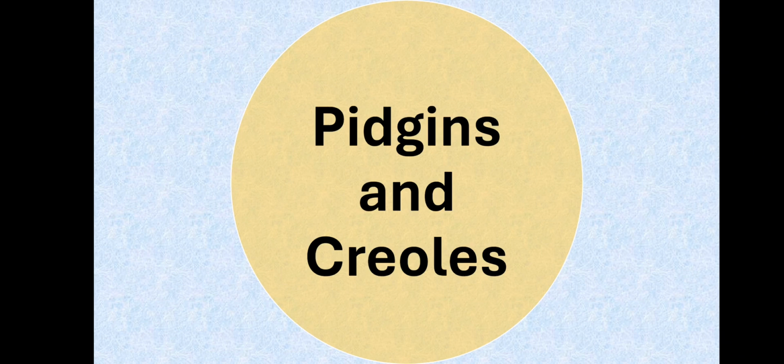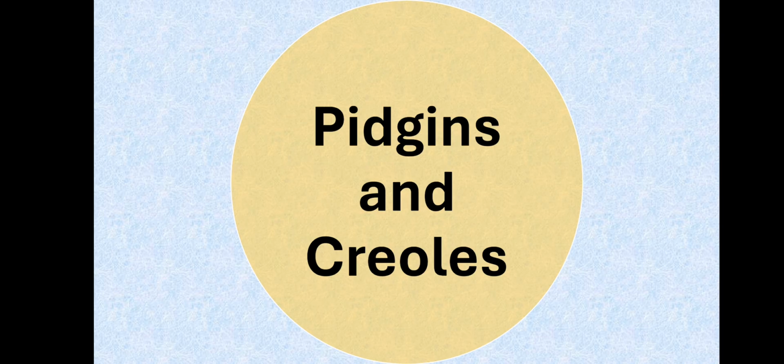Hello everyone. Today we'll discuss two more important concepts in the field of sociolinguistics, and that is pidgins and Creoles. So in this lecture we'll discuss in detail what are pidgins and what are Creoles, and we will also differentiate between pidgin language and Creole, and how a language changes from pidgin to Creole and finally becomes a standard language.